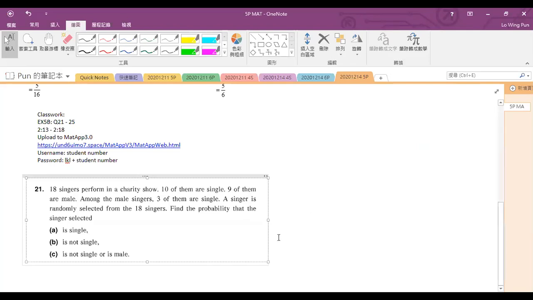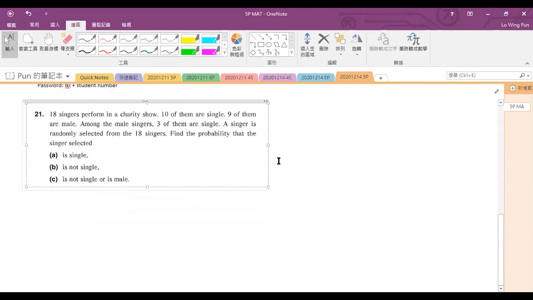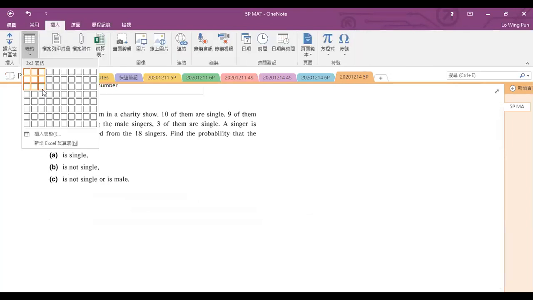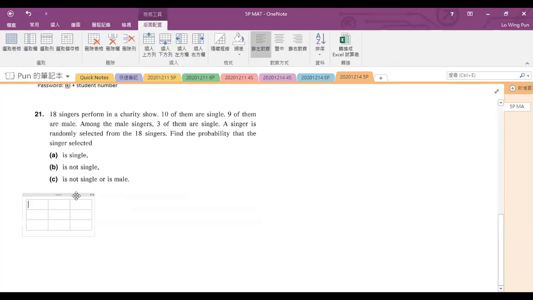Okay, is there any difficulty here? We are going to use a table here, okay, to organize the information.